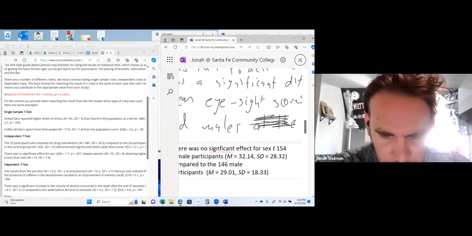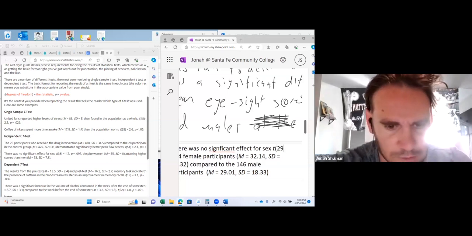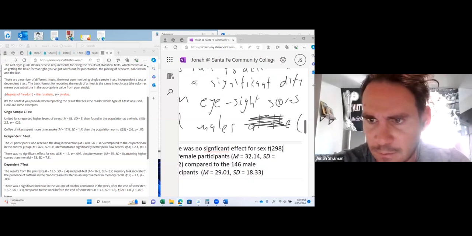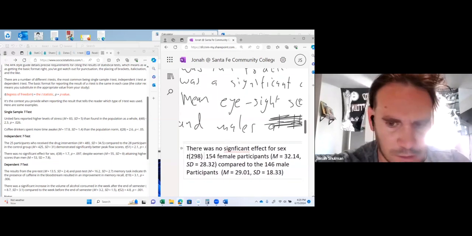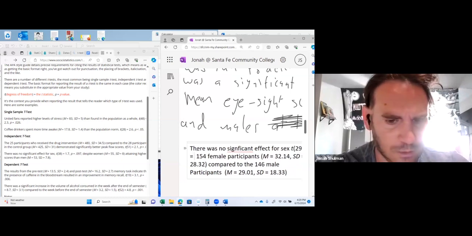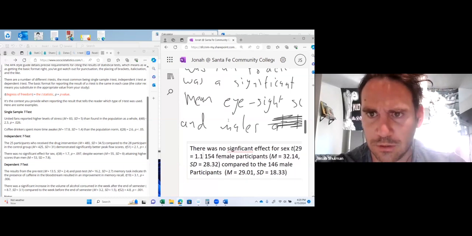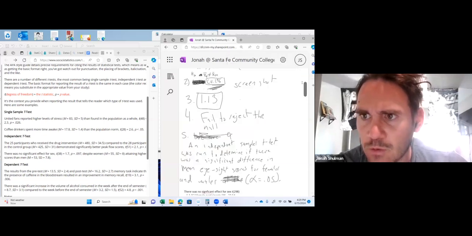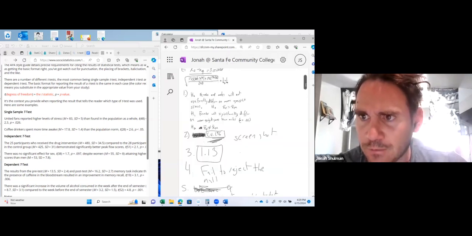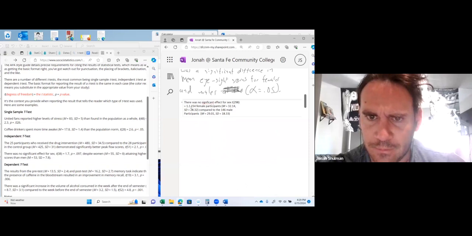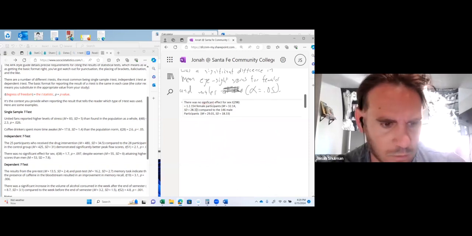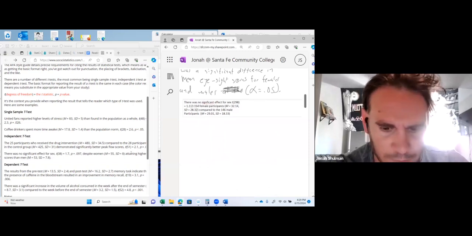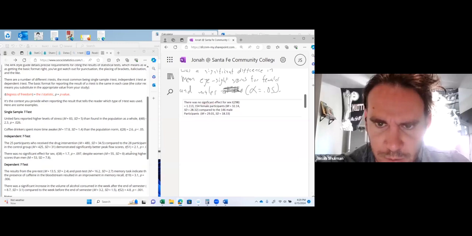Now we basically put in equals to that t statistic that we got, 1.13.